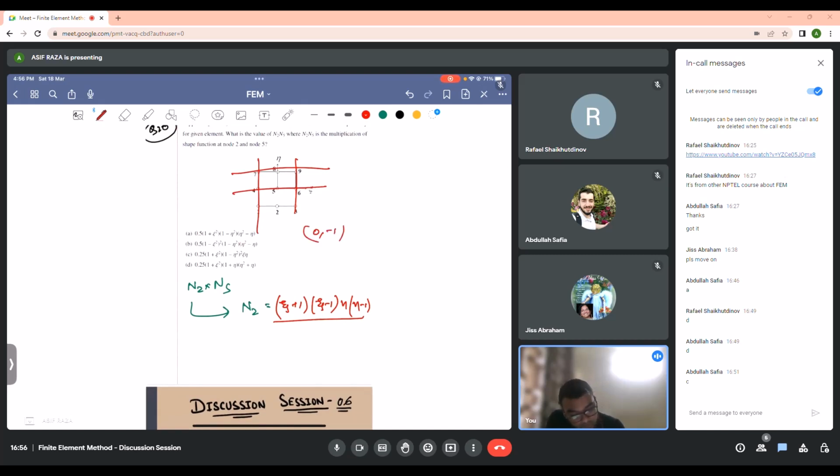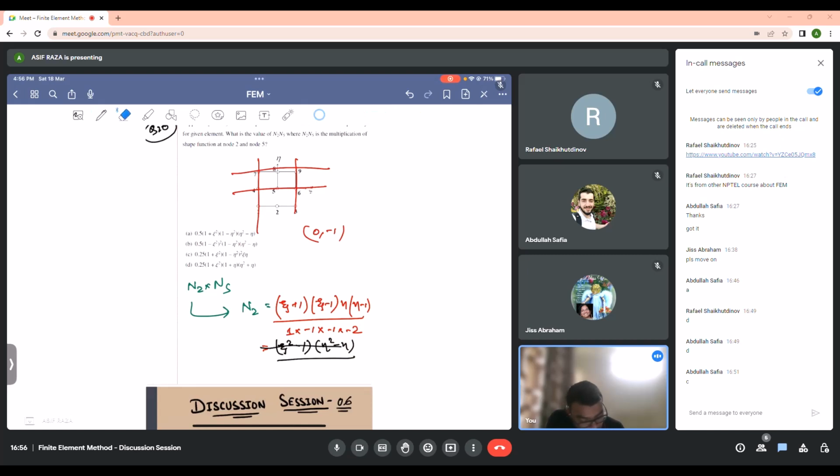So this will be 0 plus 1, times 0 minus 1, eta is minus 1, and minus 1 minus 1 is minus 2. So n2 is equal to (xi plus 1)(xi minus 1), that is xi square minus 1, times eta square minus eta, and down we have minus 2.